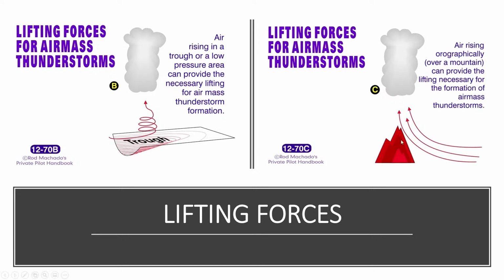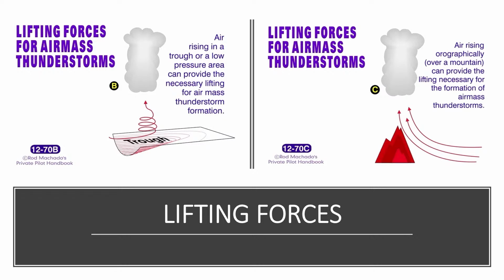Very simply, air or wind hits the windward side, and as that air is deflected off the mountain, it gets deflected upwards, which provides the lifting force for the thunderstorm to develop. Okay, these are just a couple of examples.